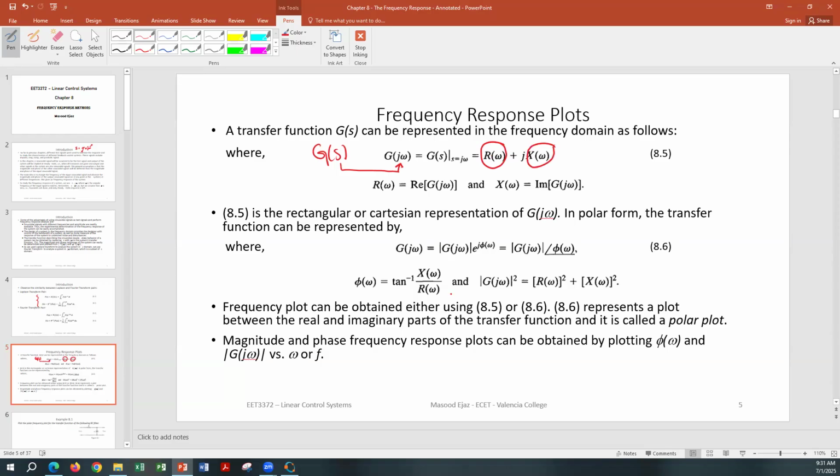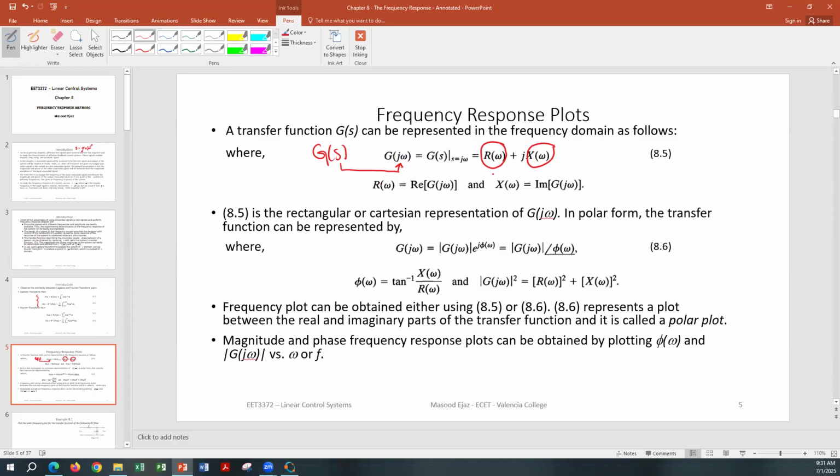I'm writing R of omega and X of omega just to represent R as the resistive part, which is a real quantity, and X as the reactive part, which is the imaginary value. This is the rectangular form of G of j omega.